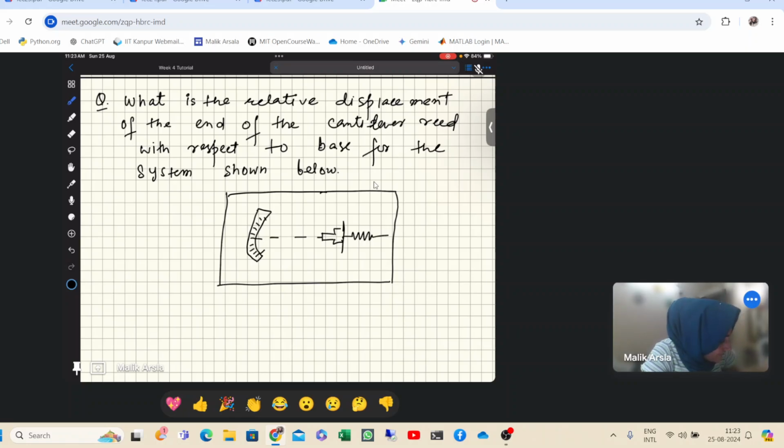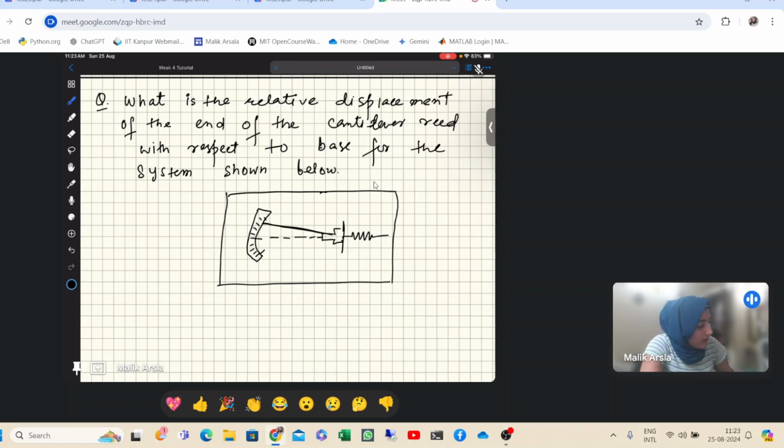It has just a spring. Okay, so damper is not given in this case. Obviously. So this is a cantilever reed and it's asking the relative displacement of the end of this cantilever beam with respect to the base of the system.